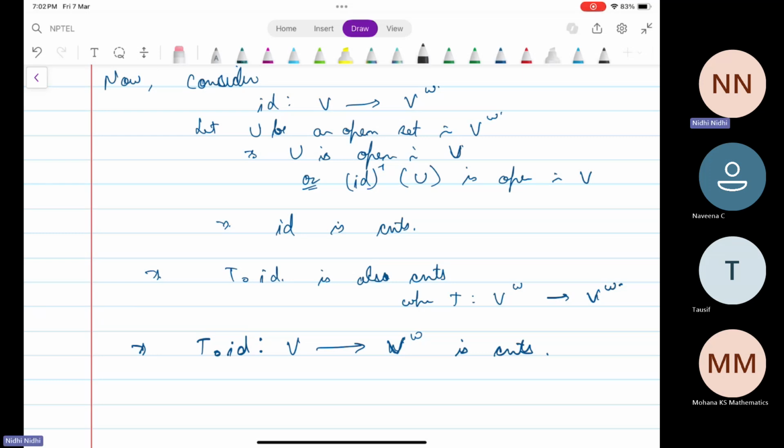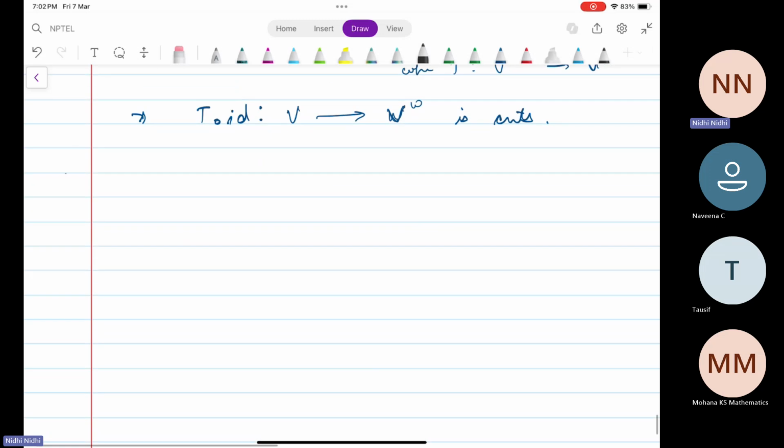Okay, let's move to part B. We need to show that T from weak topology to strong topology need not be continuous.